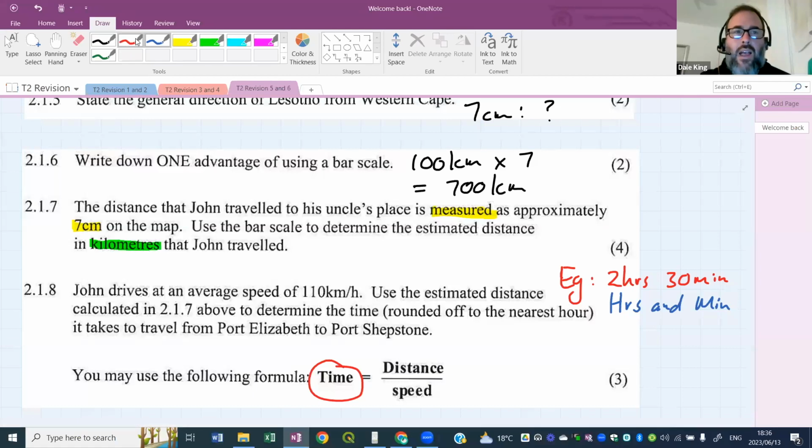Now, the other one is called decimal hours. Like Bianca said, decimal hours. So, Bianca, why don't you come and tell us, how can I write this hours and minutes in decimal hours?